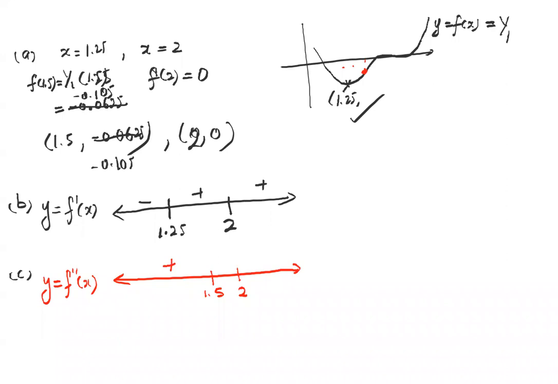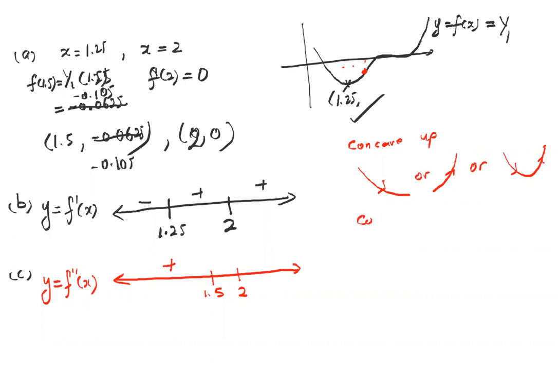And this part, when you say concave up, it can have like that, or like this, or like this. It can have half smile or full smile.